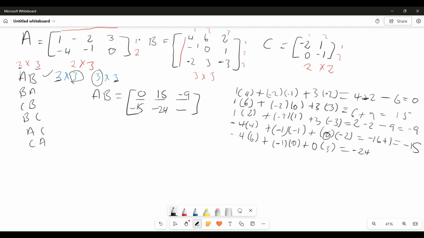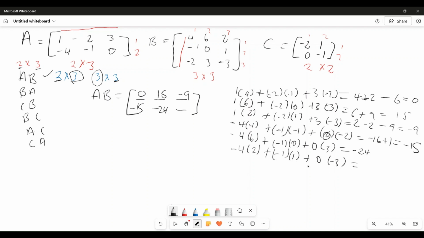Okay, now let's do the last multiplication. This row is finally going to multiply with the last column in B. So we are going to have minus 4 multiplied by 2 plus minus 1 multiplied by 1 plus 0 multiplied by minus 3.